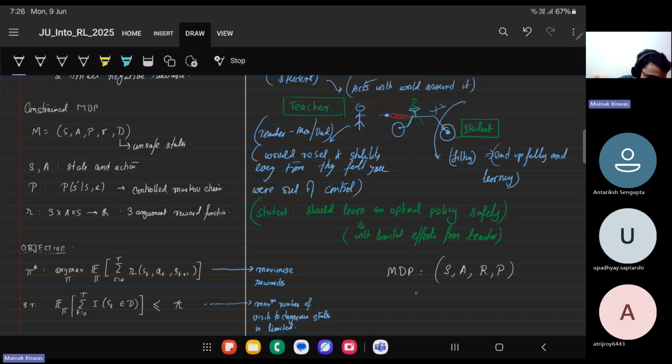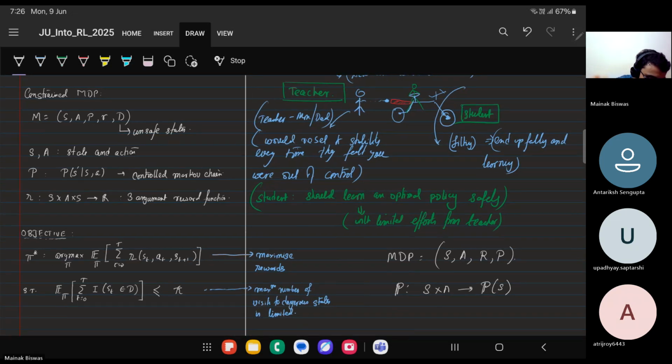The probability took your state, comma action pair to a distribution over states. Rewards was a mapping from states, actions, and states to real numbers.